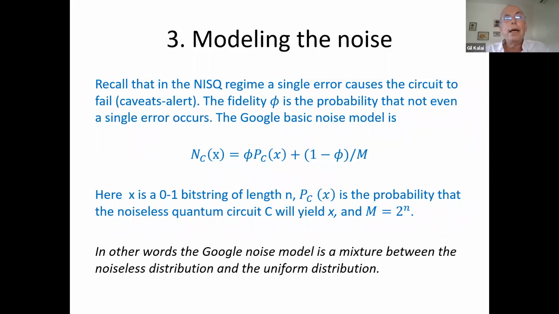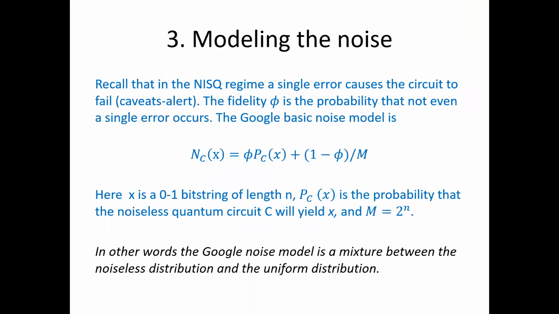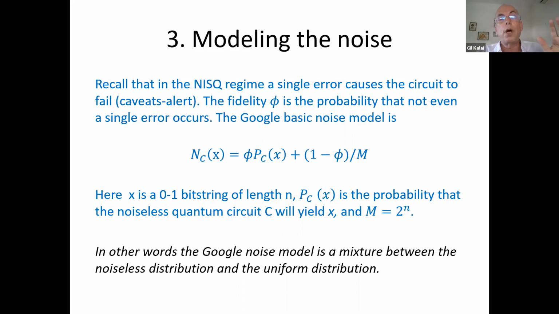And the idea in modeling the noise in the Google basic noise model is that the noisy distribution is phi times the ideal distribution. This is the probabilities produced by an ideal quantum computer without any noise.